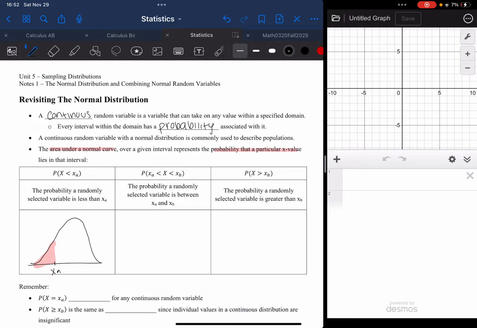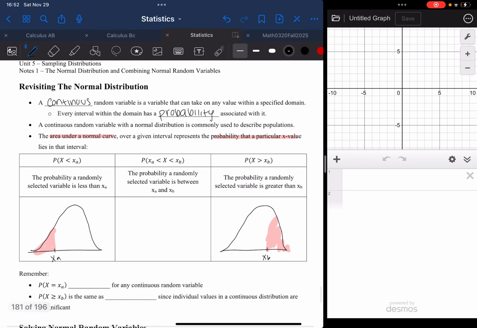And if we're looking at the probability a randomly selected variable is greater than some number x sub b, then we're going to be looking to the right. Then it says the probability a randomly selected variable is between x sub a and x sub b. Then we're going to be looking at the area between some number x sub a and some number x sub b.